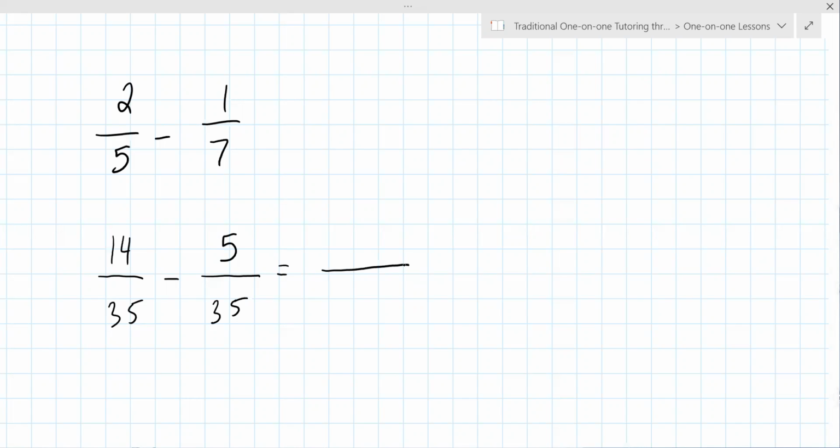Is it 9/35? Yes. Well done. So on page 33 of the PDF, there is a bunch more of these to do. It would be good for you to look at those at some point later on. It's exercise 4.